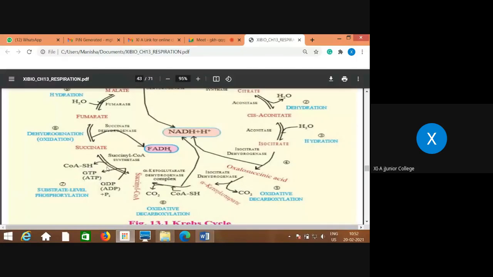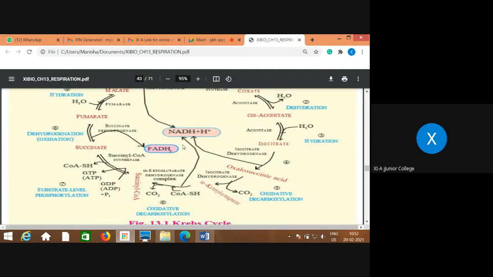of energy. Then succinate or succinic acid in the next step gets converted into fumarate or fumaric acid by dehydrogenation, oxidation. This is also called oxidation. Oxidation and dehydrogenation is removal of hydrogen, which is accepted by FAD to form FADH2.